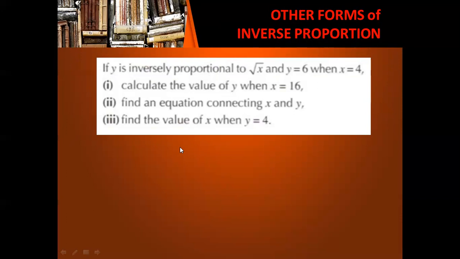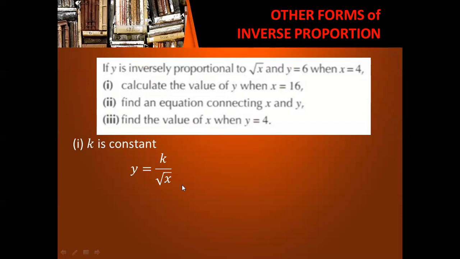To solve the first question, we will again apply the same concept. K is constant. Let's write the general equation for this problem. It says that y is inversely proportional to the square root of x, so we have y equal to k over the square root of x.